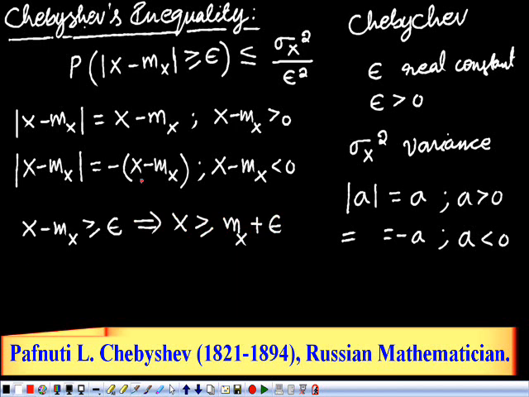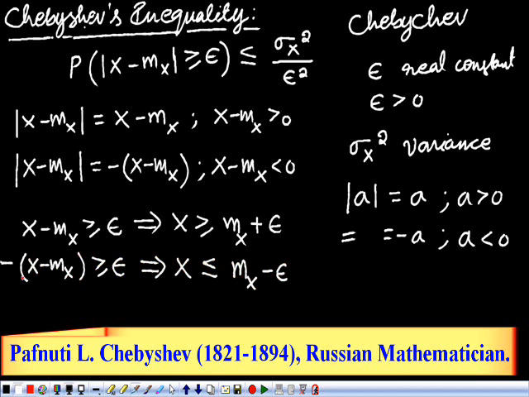Now you take the second case, then this will become minus of x minus mx greater than or equivalent to epsilon. This implies x is less than or equivalent to mx minus epsilon. Is it right? See, minus of x minus mx is greater than or equivalent to epsilon. Is it? So definitely x is less than or equivalent to mx minus epsilon.